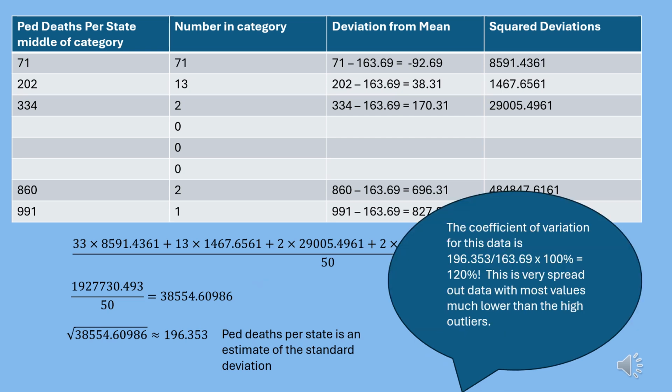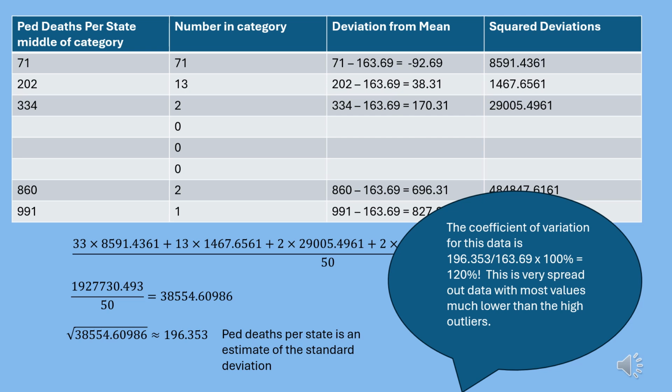By the way, a little review about coefficient of variation. This is a really good example to observe. Our standard deviation is actually larger than our estimated mean. So when we find the coefficient of variation, you take the standard deviation, you divide by the mean, then turn that ratio into a percent, we get 120%. Anything over 50% is indicating widely varied data.